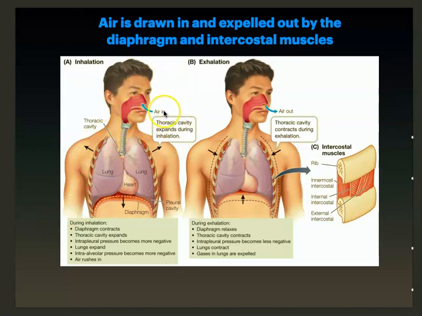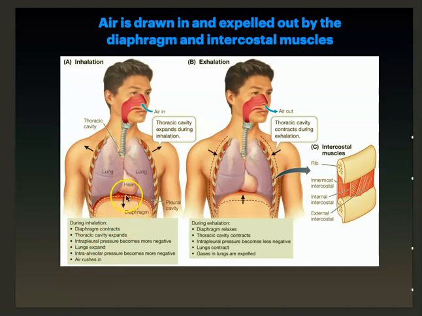And we have our nose and our mouth, but they both lead to the same junction, so that they both lead through the same apparatus, or the same path to get to the lungs. And then the air needs to come out the same way. So during inhalation, we're not actually forcing air.